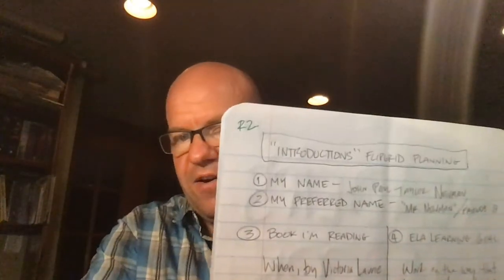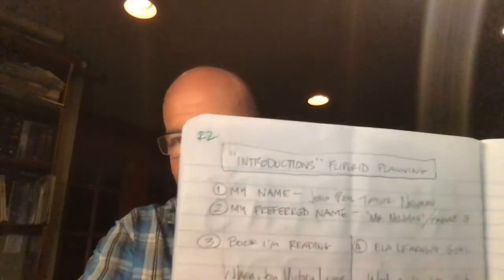And the front of my notebook, and then in the back of my notebook, it says writer's notebook, and then I've done W1 through W25 on here. Okay, all right. I am now turning to show you that I have done my introductions, Flipgrid planning, just like the instructional video shows, and that is here on R2. So I've got my box around my title, I have some notes, and now I'm going to share what they are.